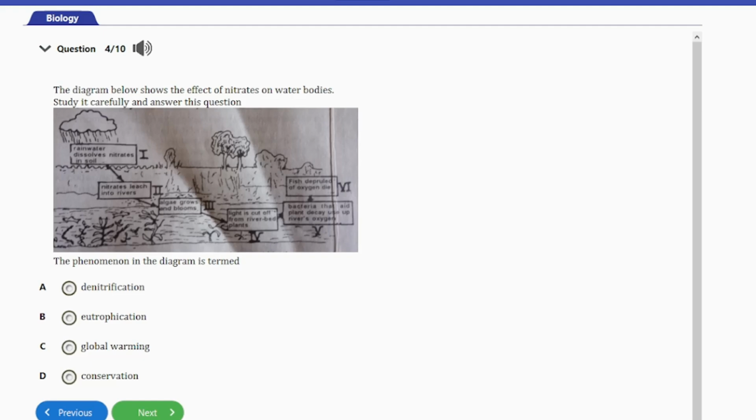So guys, the answer to this question is option B, and that's eutrophication. Eutrophication is characterized by excessive plant and algal growth due to increased availability of one or more of the limiting growth factors needed for photosynthesis. Example, nutrient fertilizers and so on. So that's the answer to this question, option B.